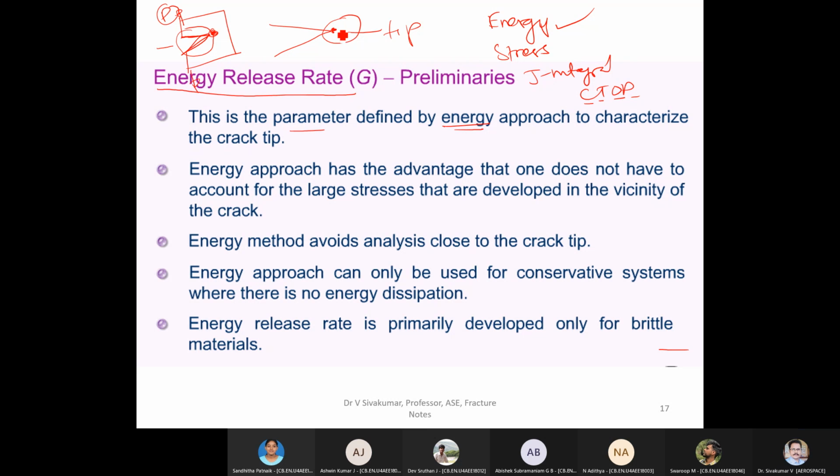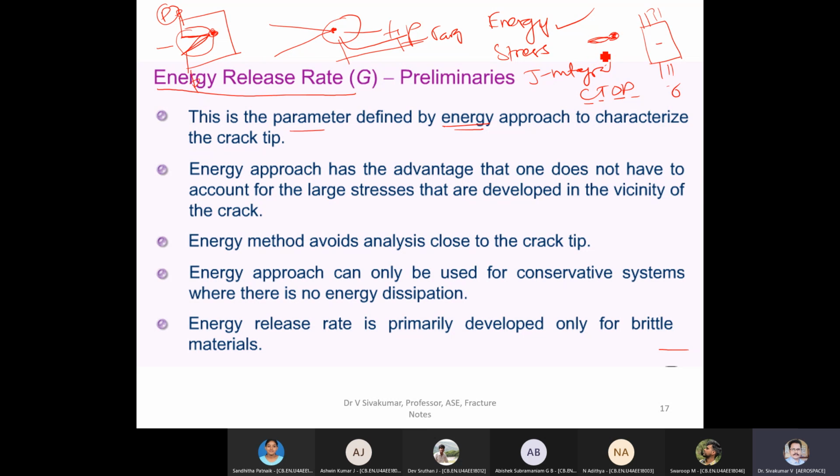When you talk about stress, suppose you see the variation of stress with respect to location. At this location it goes to infinity, whereas away from it, this is the average stress. Suppose I have a body subjected to stresses with a small crack. Enlarge it, and here you can have a lot of stress concentration.